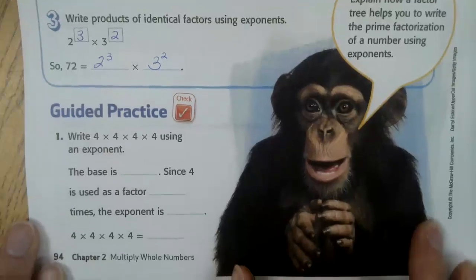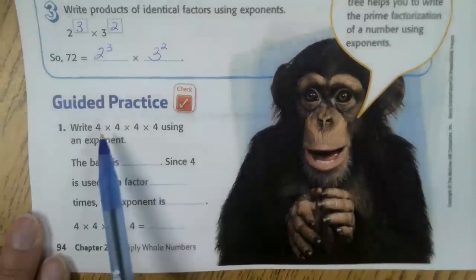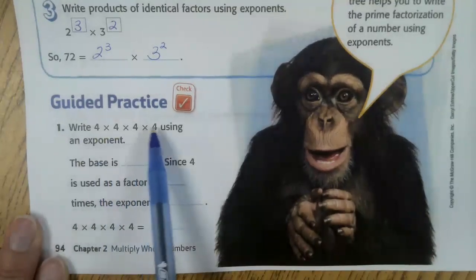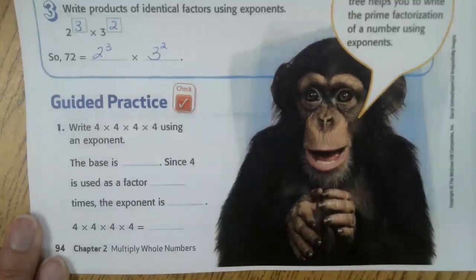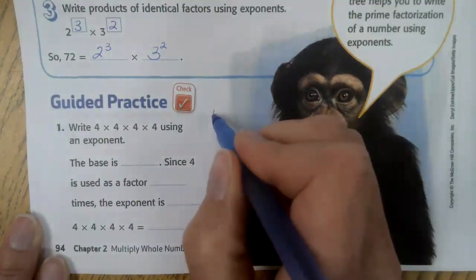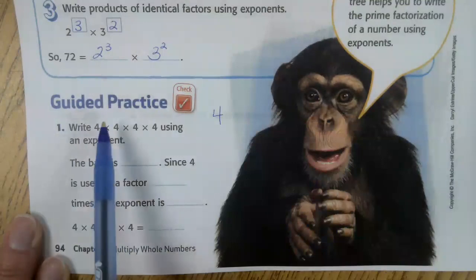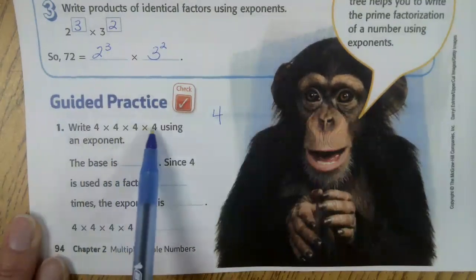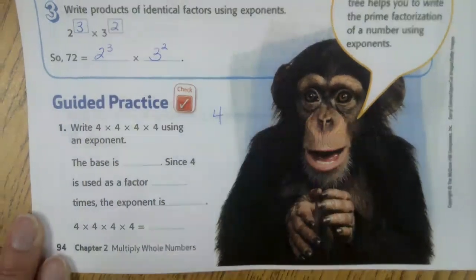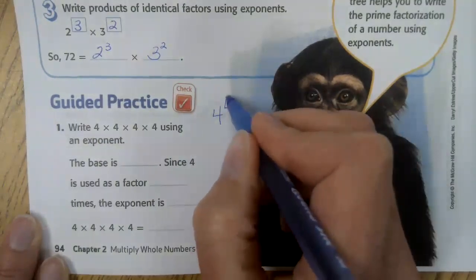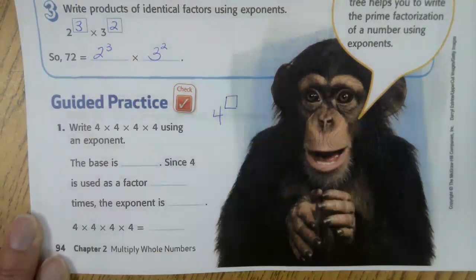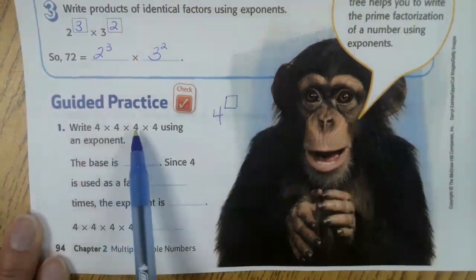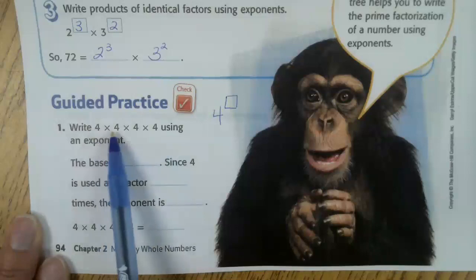All right, for your guided practice, it says write 4 times 4 times 4 times 4 using an exponent. So that means we have to use one of those little floating numbers. So you can see that 4 is our base because that's the identical factor that we're multiplying together a certain number of times. And our exponent here should represent the number of times we are multiplying our base.